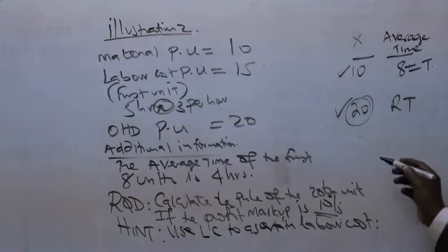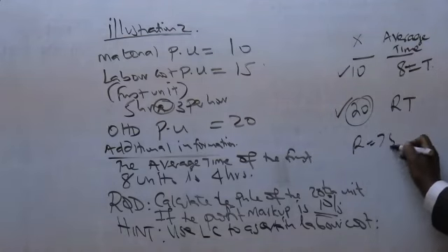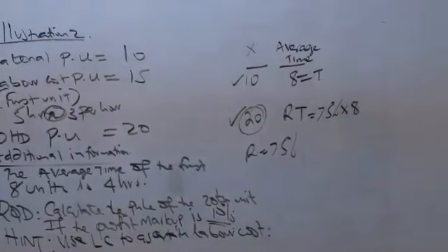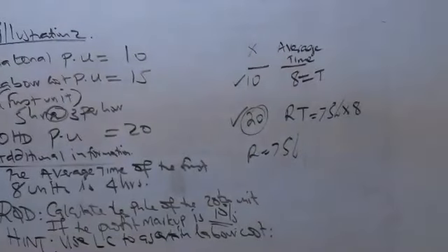If, for example, a question tells you that R is 75%, then RT will be 75% of the time, which is 8. So 75% of 8 gives me what figure, somebody here?